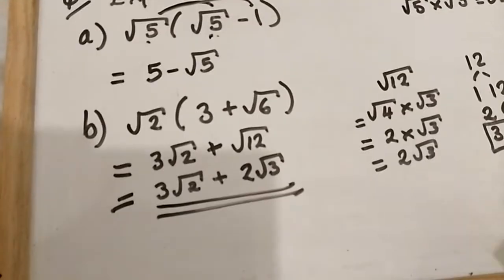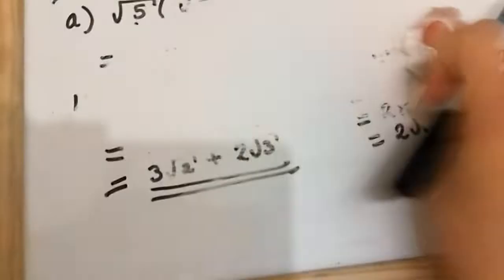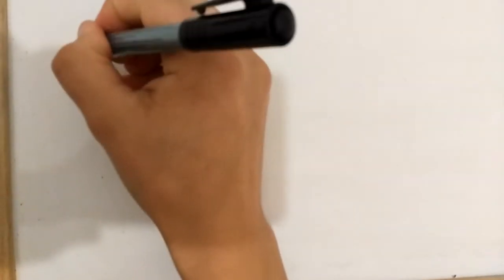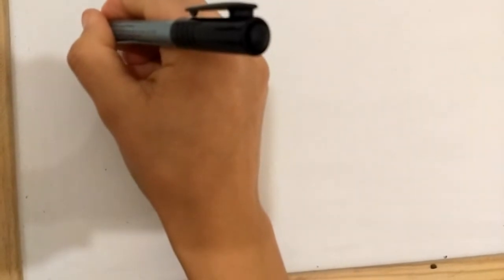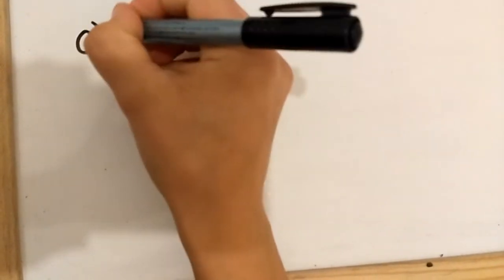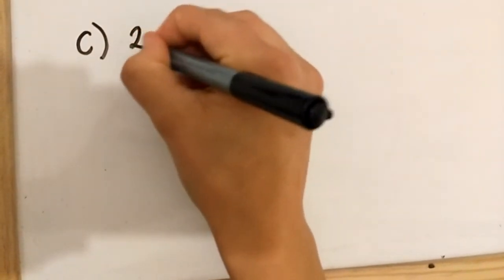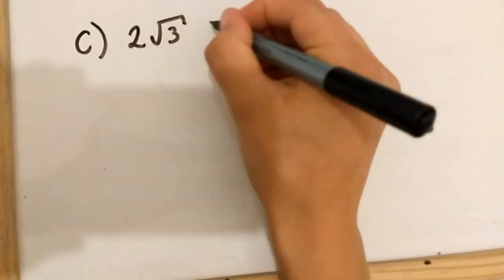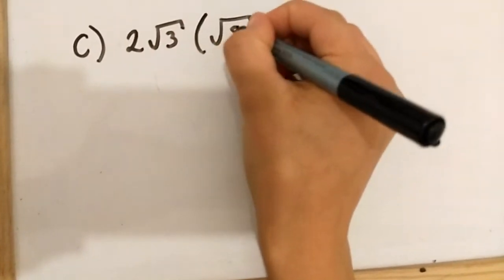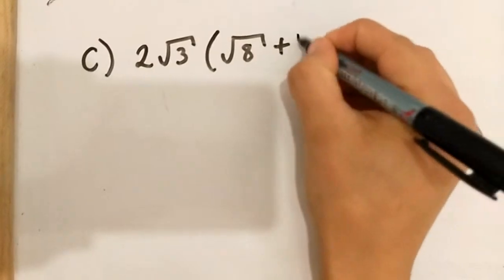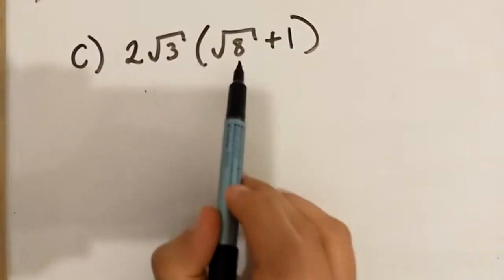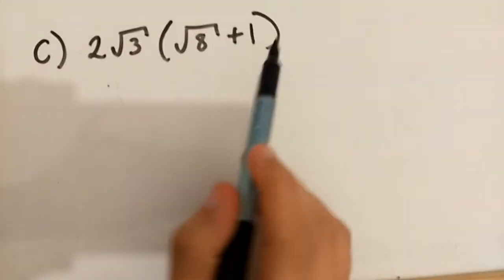Okay, next example. C. So 2 root 3 times root 8 plus 1.